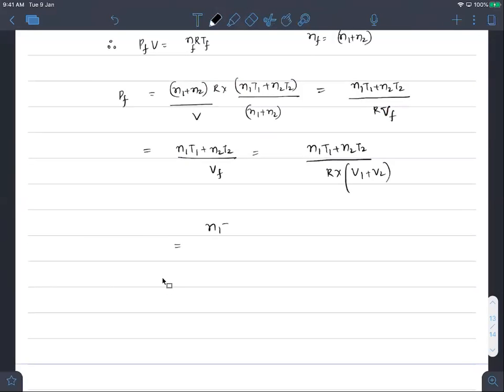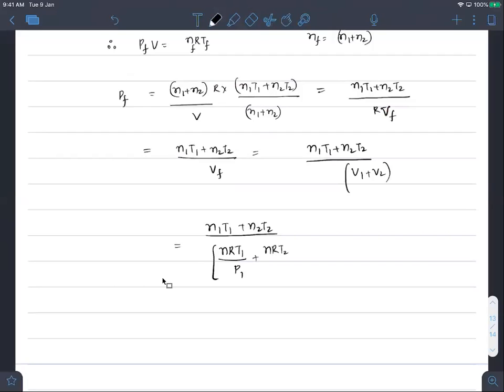So you'll get N1 T1 plus N2 T2 divided by R into, again you will write this as nRT1 by P1 plus nRT2 by P2. There is no R here.